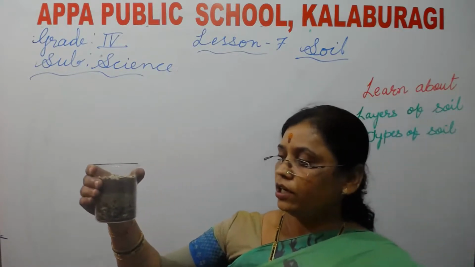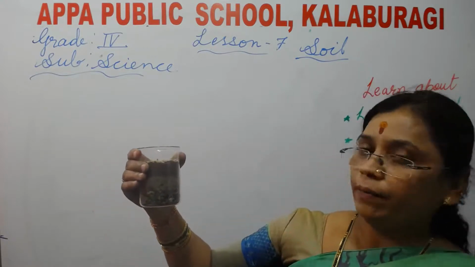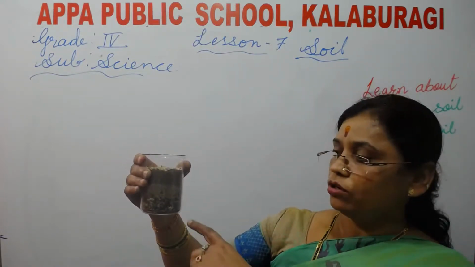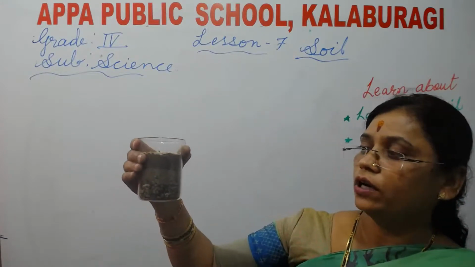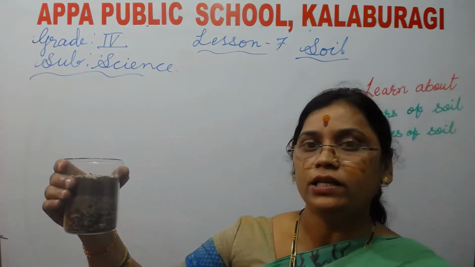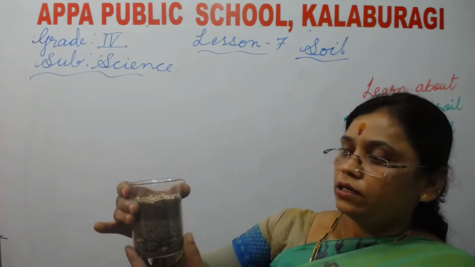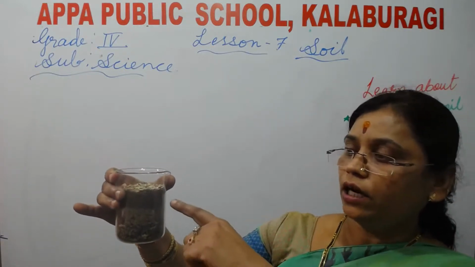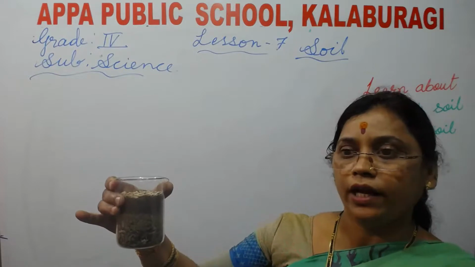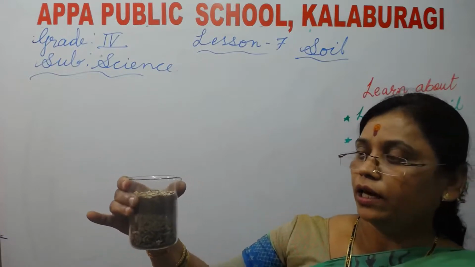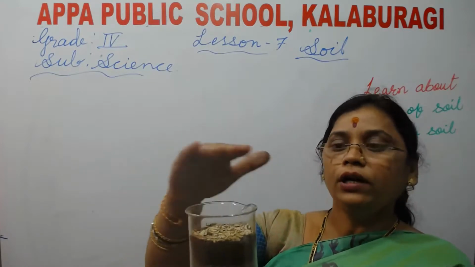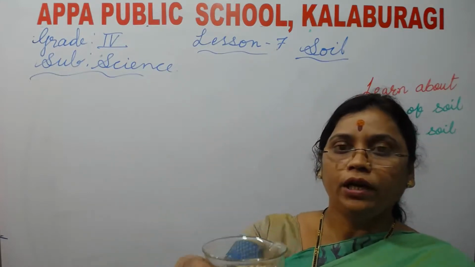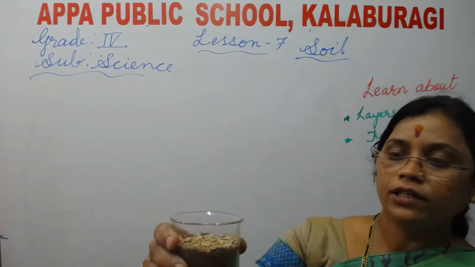Is it visible, children? The small stones and pebbles settle at the bottom, and above that the sand particles will be settled, and above that the clay particles like loamy and clay are settled, and on the upper layer you can see the humus.